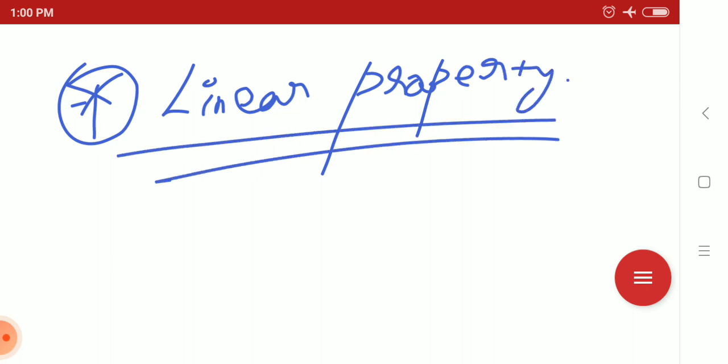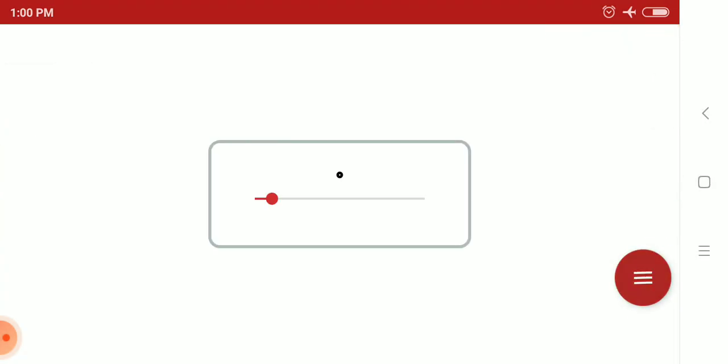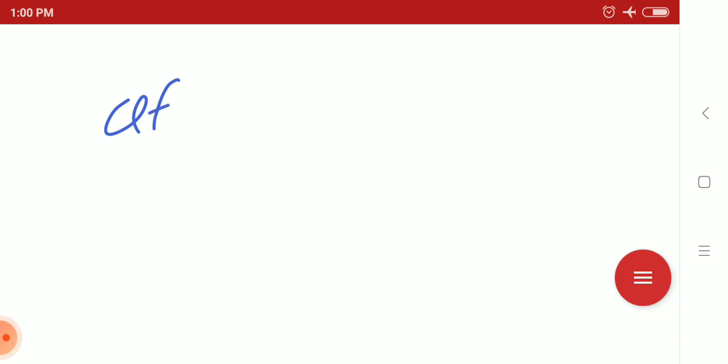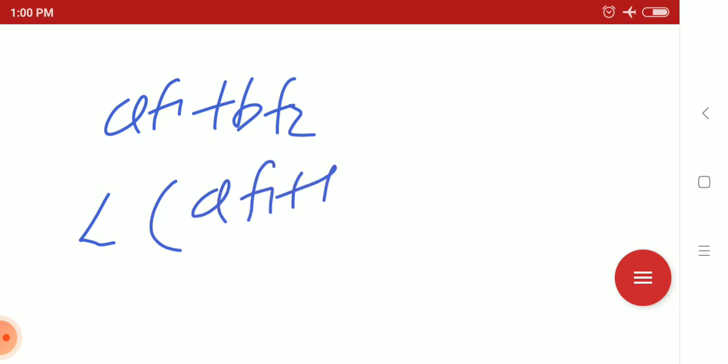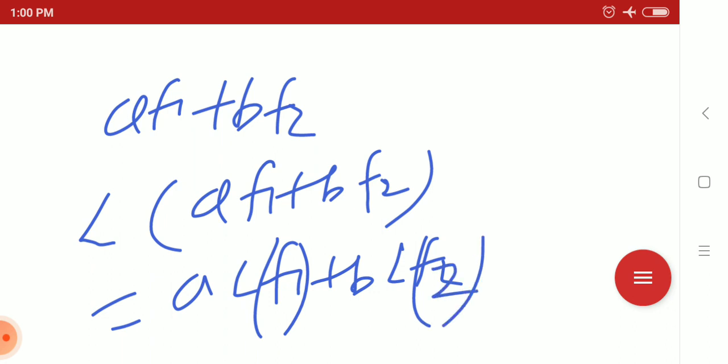Suppose we have a function f1 of x and another function f2 of x. We write a superposition of these functions, a into f1 of x plus b into f2 of x. Then the Laplace transformation of a into f1 plus b into f2 will give us a into L of f1 plus b into L of f2.